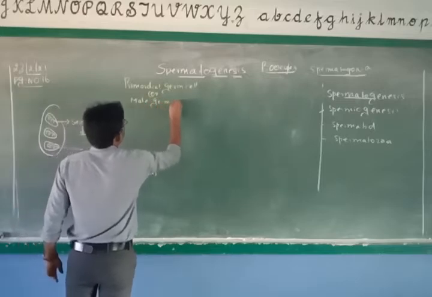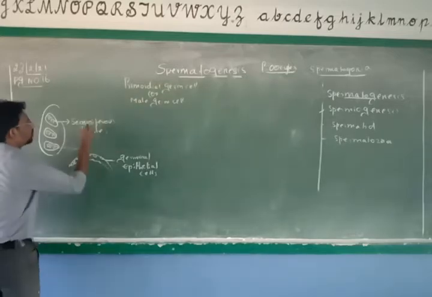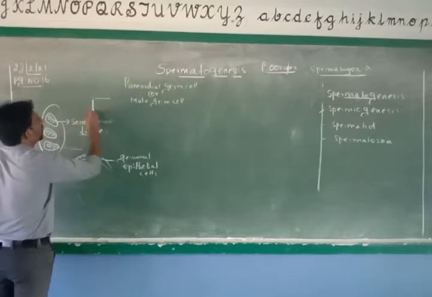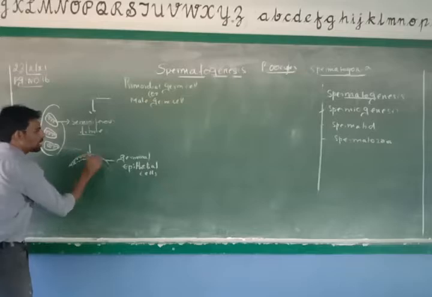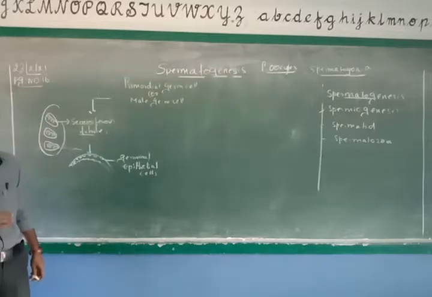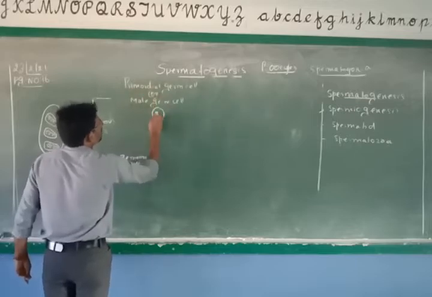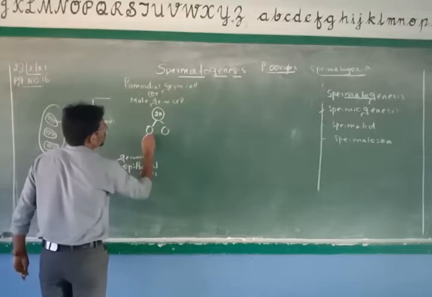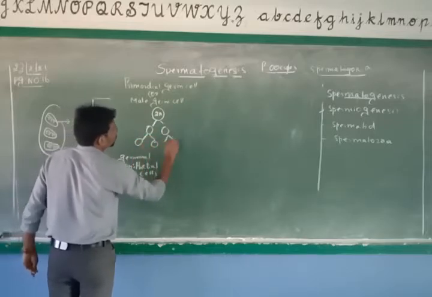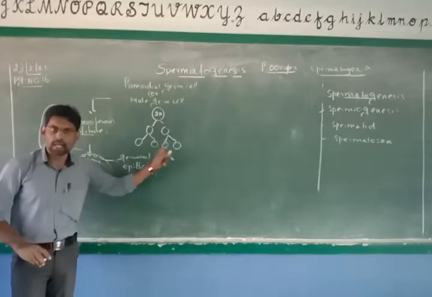Okay, male germ cells. These male germ cells will enter the seminiferous tubules and will enter the germinal epithelial cells. Okay, so now this primordial germ cell, which is diploid in nature, is divided into two and two cells divided into four like this.